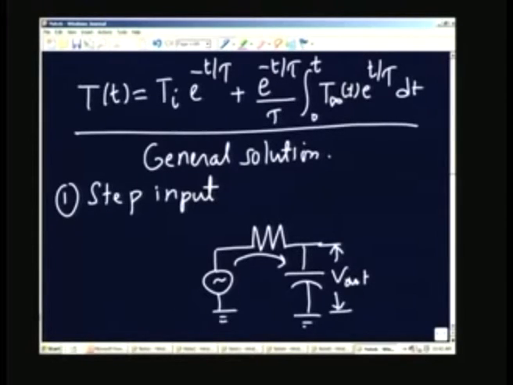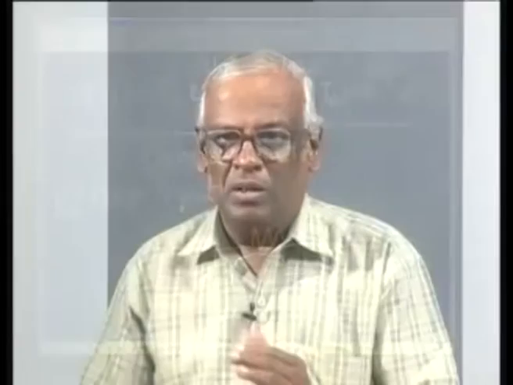So, what is the equivalent in terms of thermal system? In the thermal system, initially the temperature of the system is different from the temperature of the ambient, and once we connect the two at t equal to 0, the temperature of the system or the thermometer will start going towards the temperature of the ambient, which is a constant value, and therefore, the temperature will approach it as t tends to infinity, as the time becomes large compared to the natural time constant of the system, much larger than the time constant of the system, the two temperatures are going to be the same.